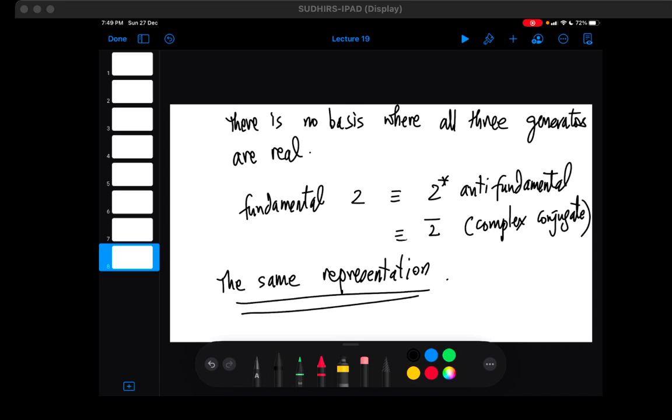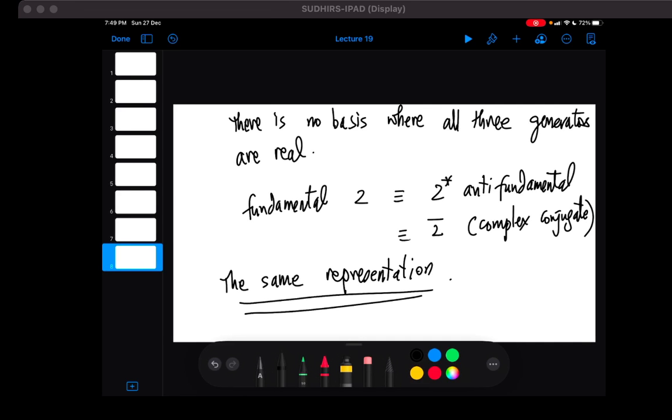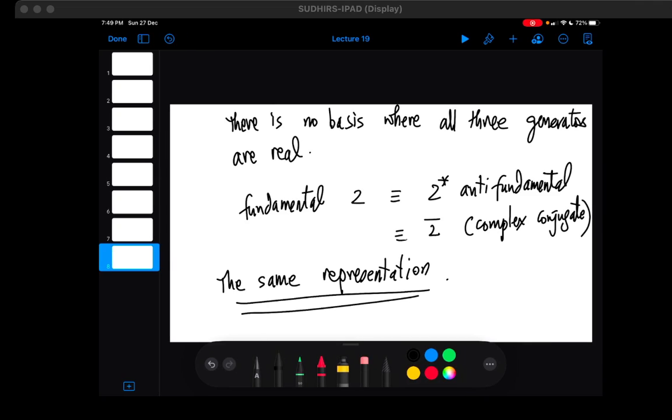So this is the final comment I wanted to make about SU2 before moving to SU3. This is important because what happens in SU2 becomes more complicated in SU3. That's precisely the reason why I wanted to stress this point.